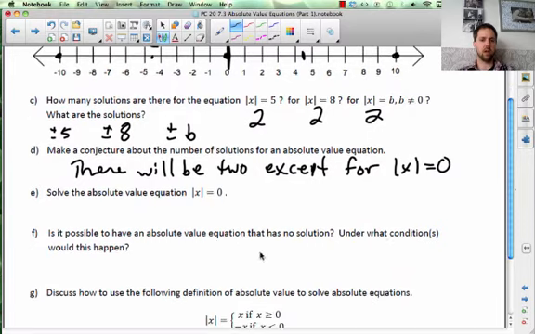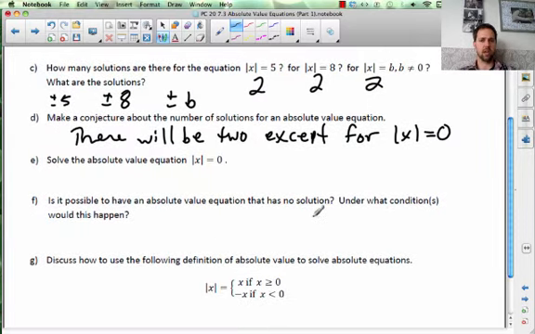Is it possible to have an absolute value equation that has no solution? Yes, it is possible. Under what conditions would this happen?